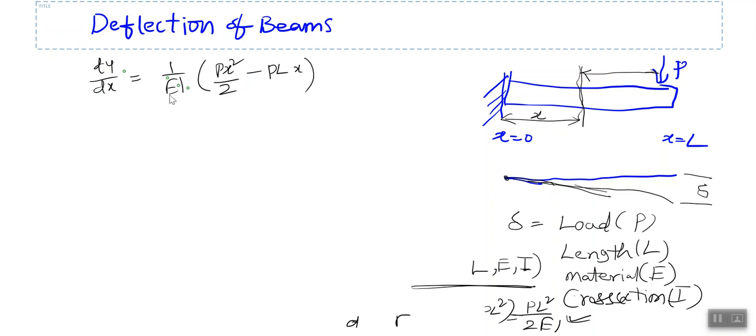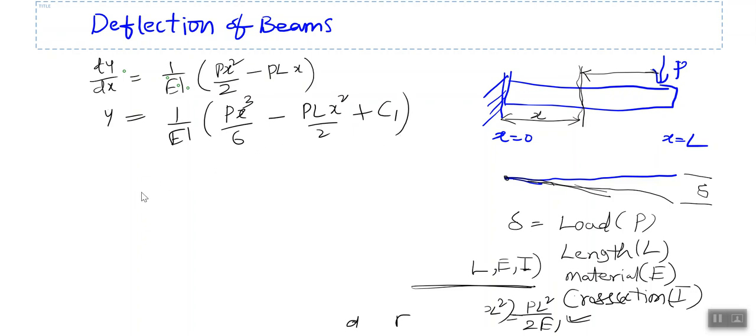If we integrate this slope equation one more time, we will get the deflection equation, that is y. Now we are integrating for the second time. If we integrate this, we will get y = 1/EI times (P x³/6 minus PL x²/2) plus a constant. This is the constant of integration.